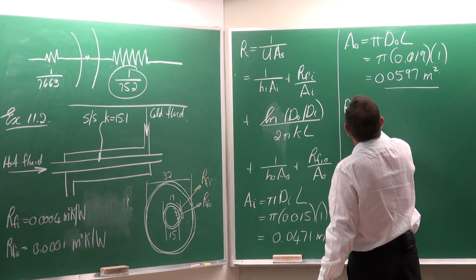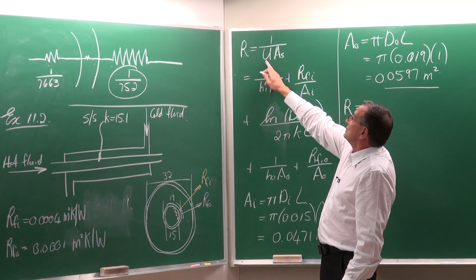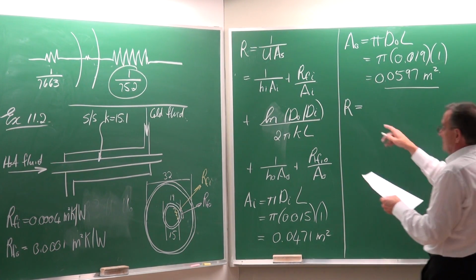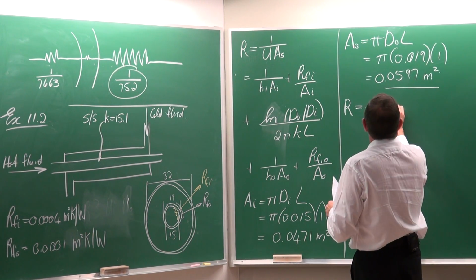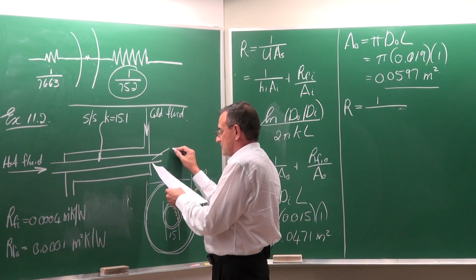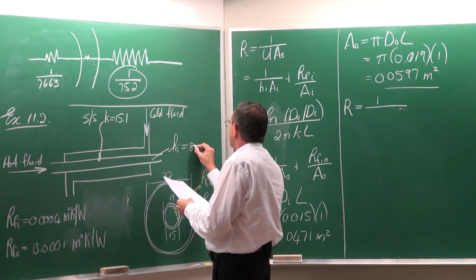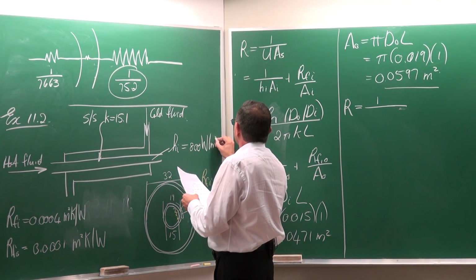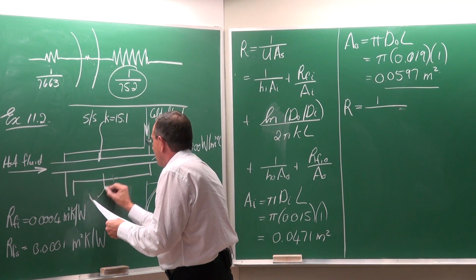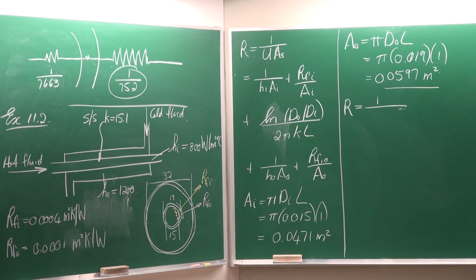So let's go and calculate the total resistance now, which is equal to 1 divided by the overall heat transfer coefficient multiplied by the surface area. So 1 divided by, I forgot to mention, this heat transfer coefficient is given as 800 watts per square meter degree Celsius, and the heat transfer coefficient on the outside is given as 1,200 watts per square meter degree Celsius.